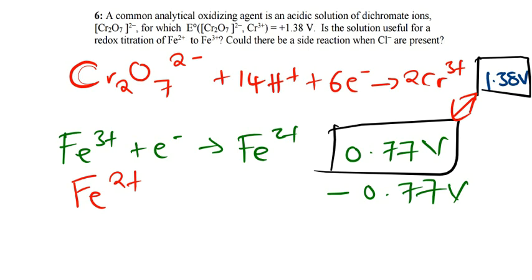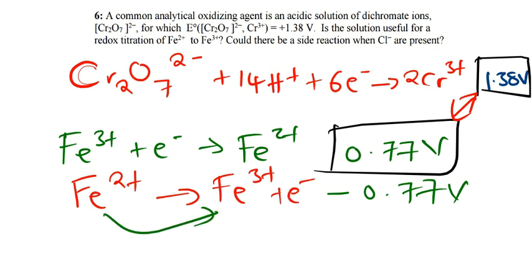The moment we reverse it, it becomes the opposite, right? Iron 2 to iron 3 ions, which implies it's now getting oxidized. So it's actually possible for us to oxidize it using the dichromate ions.